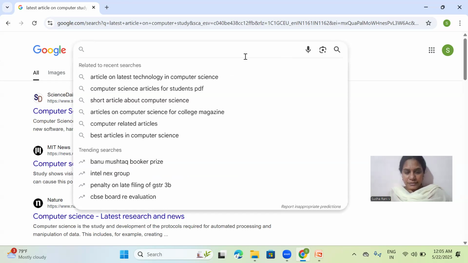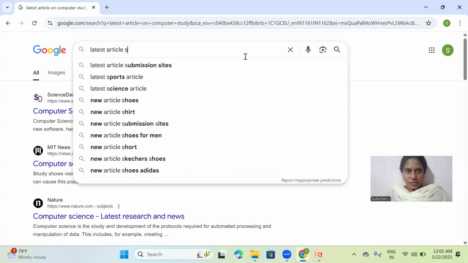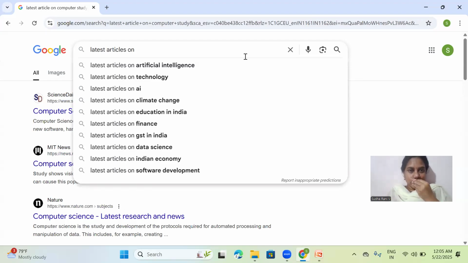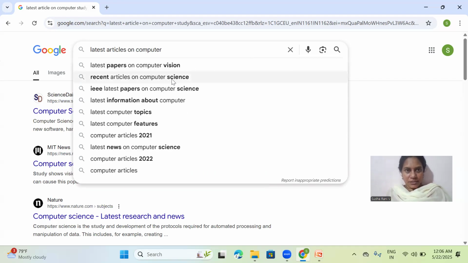Take the query: latest articles on computer science. See, I gave latest articles on computer science. Articles is my word, but it generated papers, topics, features.